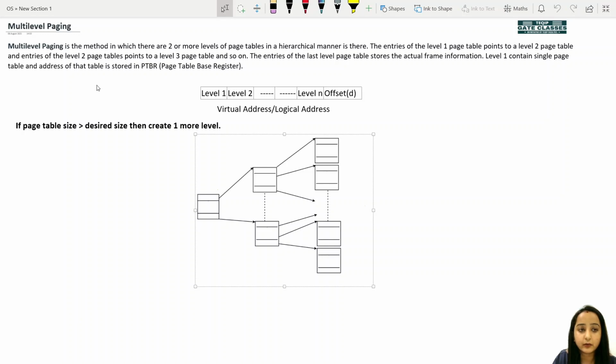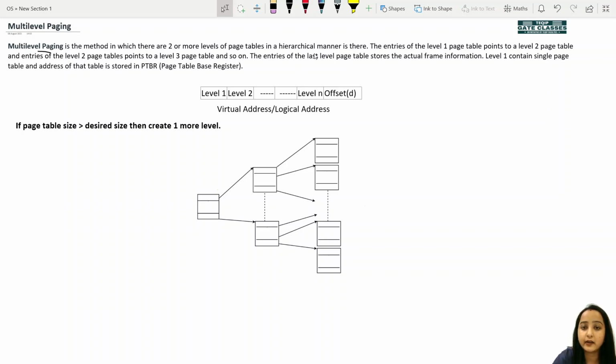First, let's understand what this is. Multi-level paging is the method in which there are two or more levels of the page table. From the name it is clear that there is more than one level of page table, and the page tables are in a hierarchical manner.